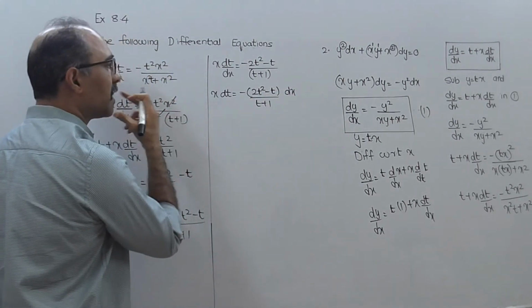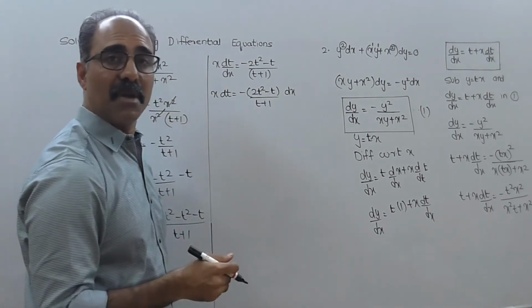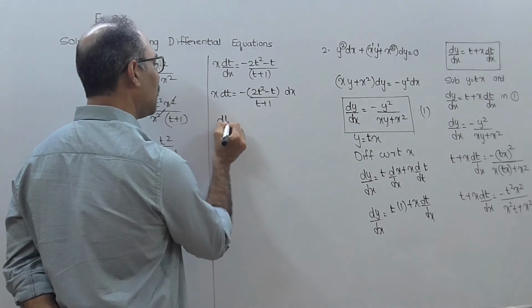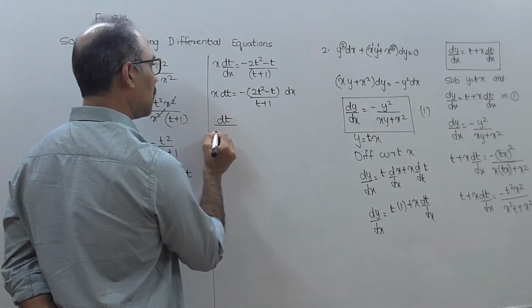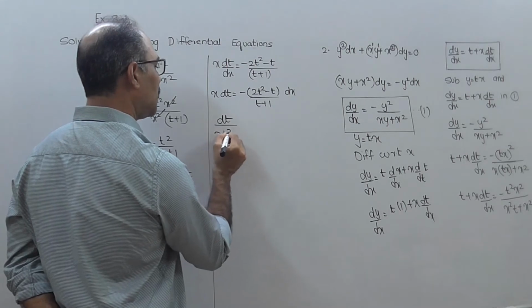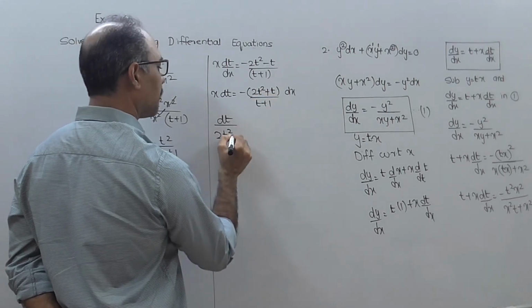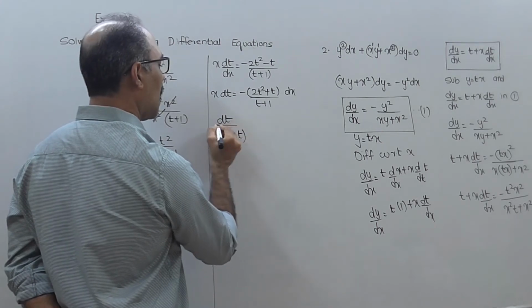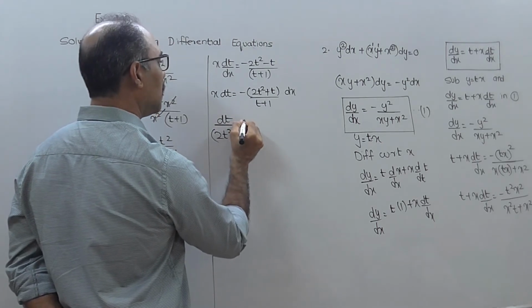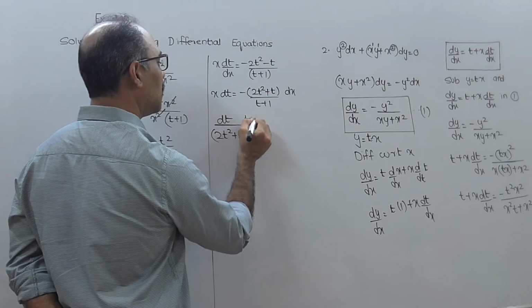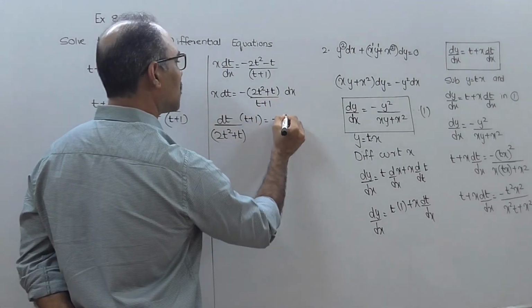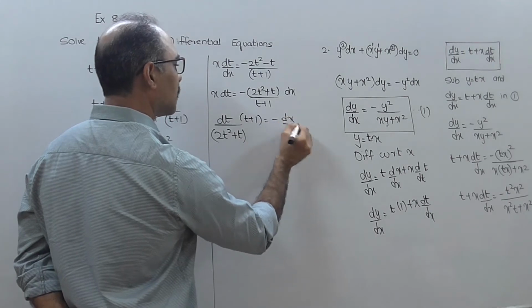Now you do the grouping, take all x terms with dx and all t terms with dt, so you get dt upon 2t square, I'm sorry, this is plus t and t plus 1, meaning this is cross multiplied and you will have a minus sign and this will be dx upon x.